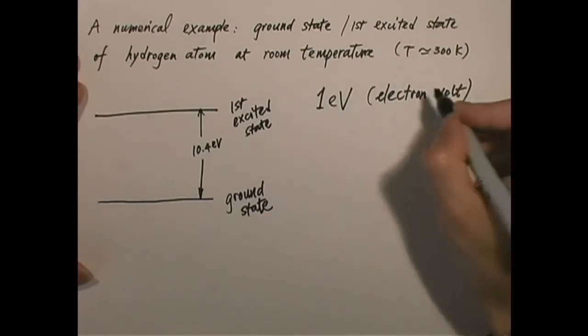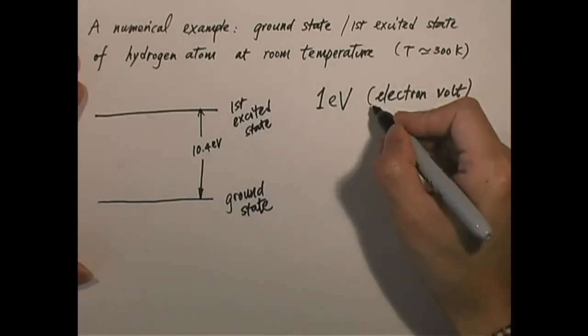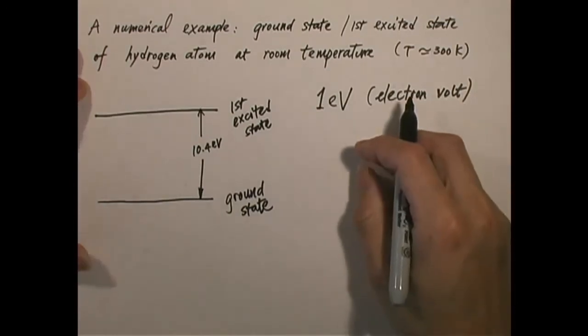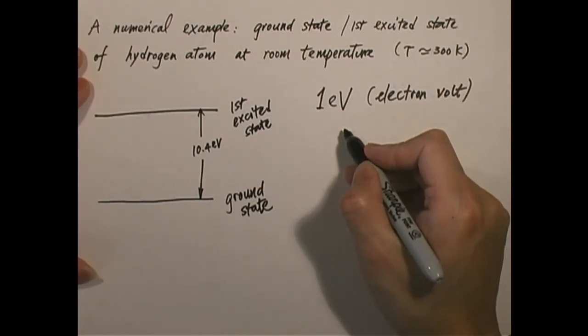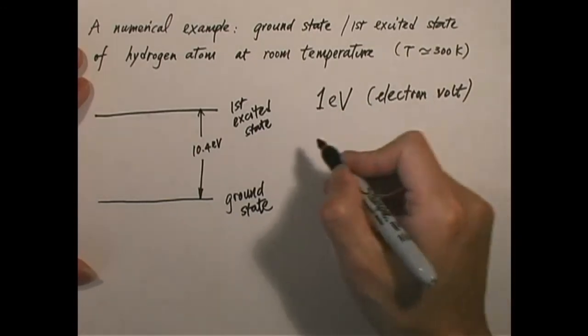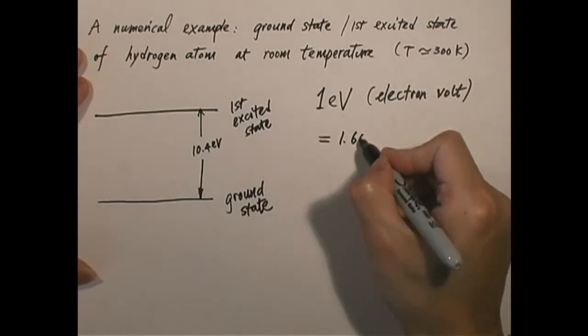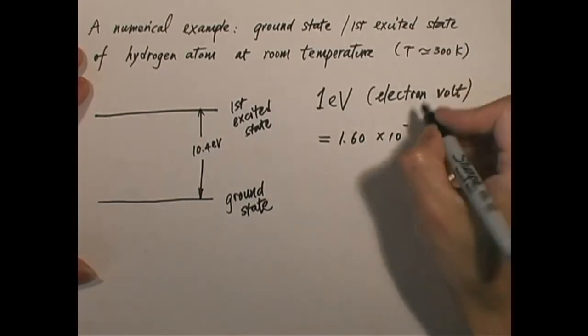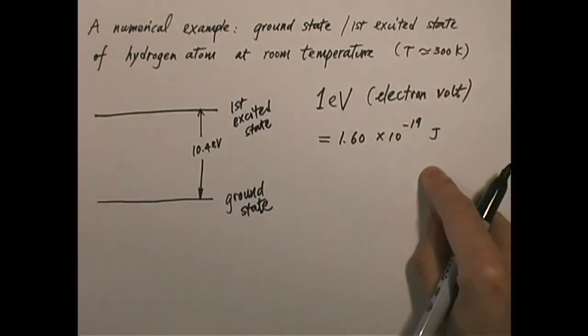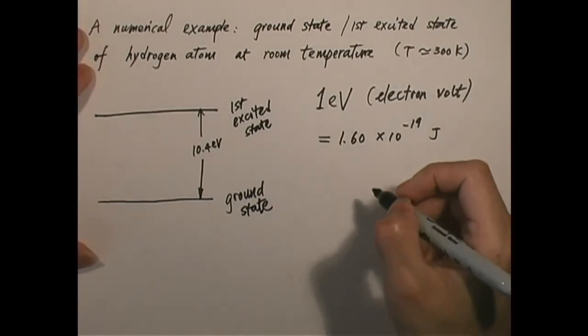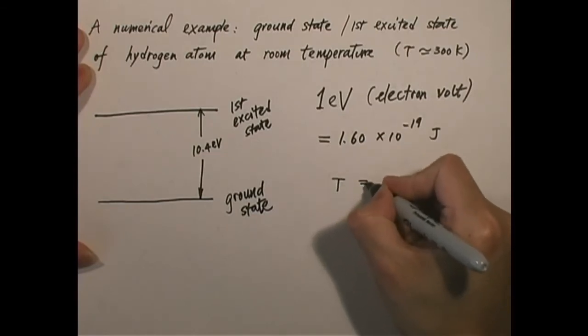We learn the details in physics 1C because it has to do with how to accelerate an electron and so forth. But all we need to know now is that it's a very small fraction of 1 joule. It is a convenient unit when it comes to measuring the energy of atoms and molecules. It is equal to 1.60 times 10 to the negative 19 joules. It is a convenient unit for measuring atomic and molecular energy levels. Now, the temperature is at room temperature, 300 Kelvin.